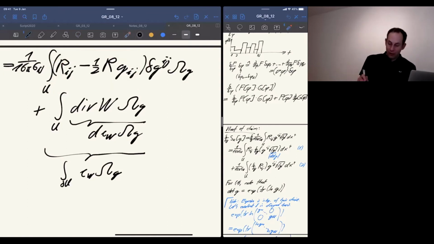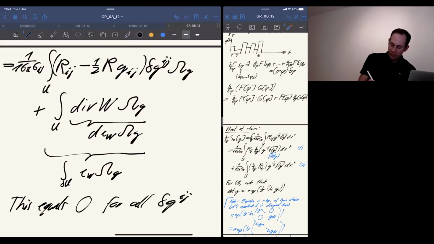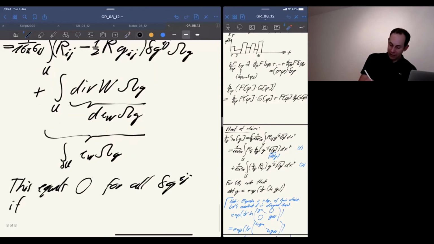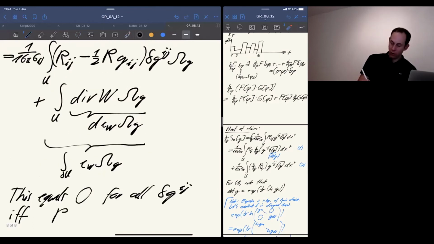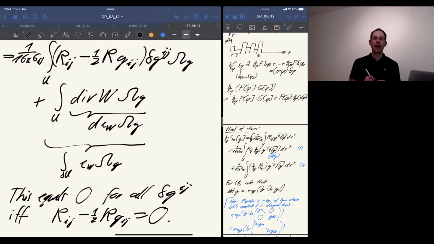So, in other words, what we found is that this equals 0 for all delta gij if and only if the bracket is 0. The bracket is rij minus 1/2 rgij. And that's, of course, exactly the vacuum Einstein field equation.